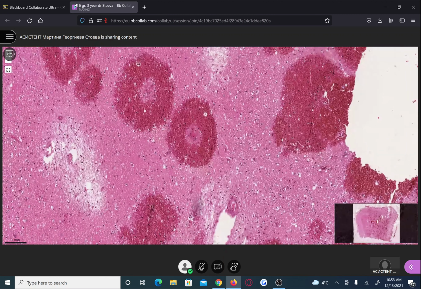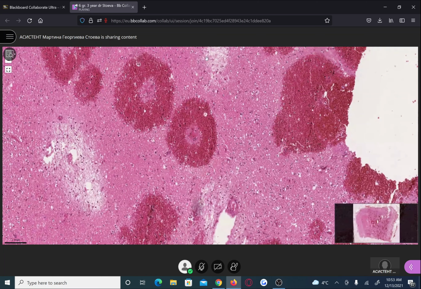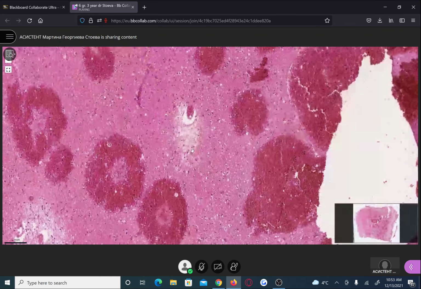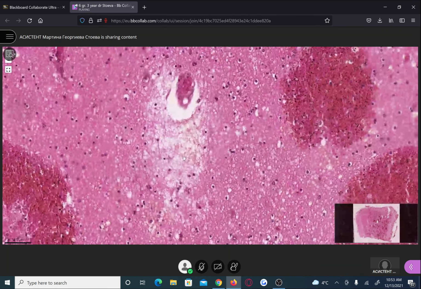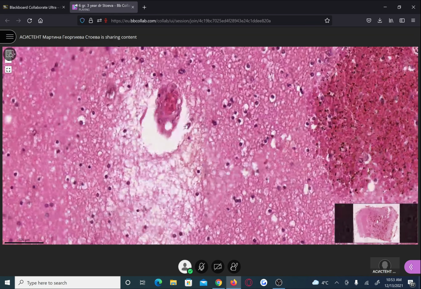Any other questions? And this white area at the left? Here there is brain edema. This is not a hemorrhage. We have a perivascular space here that is enlarged.